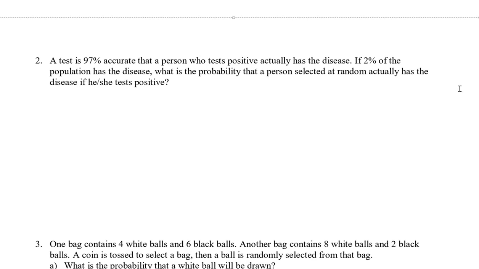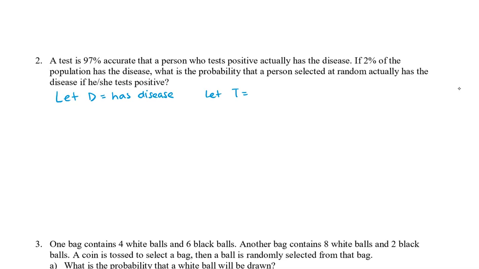All right, we're going to start with a little let statement so that we know what everything stands for. So we're going to say let D equal has the disease, and then we're going to let T equal test positive.